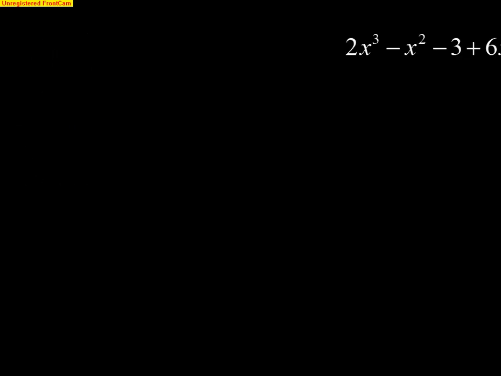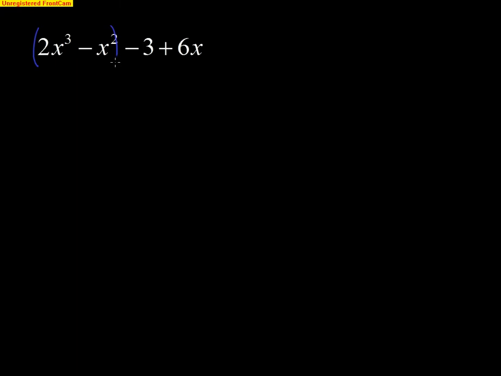All right, one more example. Again, 4 terms. Let's use a different color. Let's go with this nice blue here. We're going to put parentheses around this. Parentheses around this. All right, so 2x cubed minus x squared, I could take out an x squared.